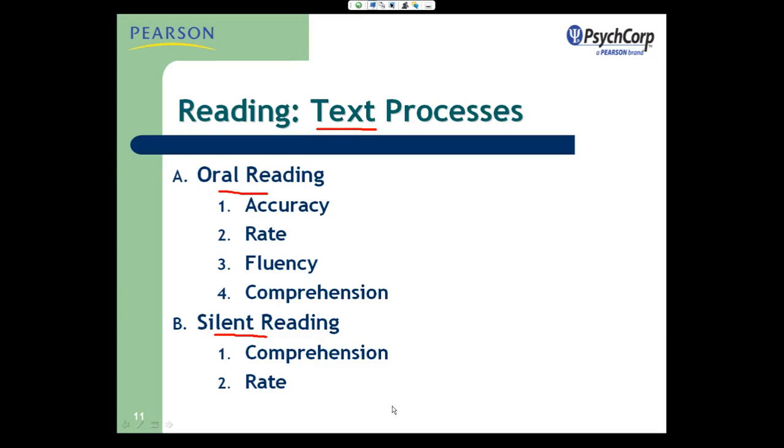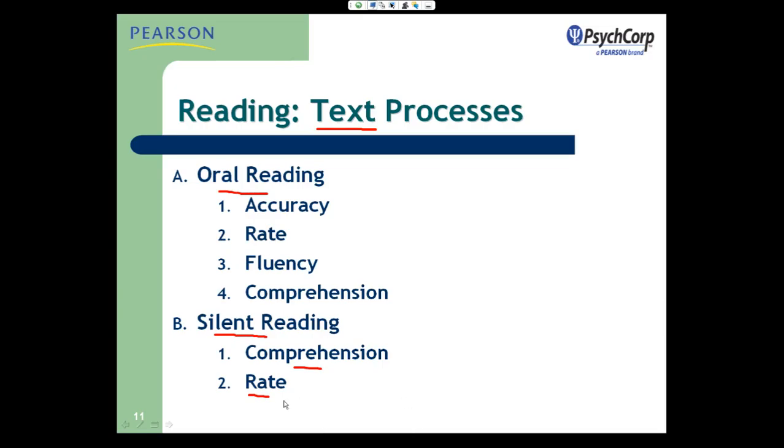So with silent reading, you want to be able to understand, and understanding is directly correlated to the fluency. If I'm able to name the words quickly and accurately, effortlessly, while I'm reading silently, I'm actually getting the meaning.